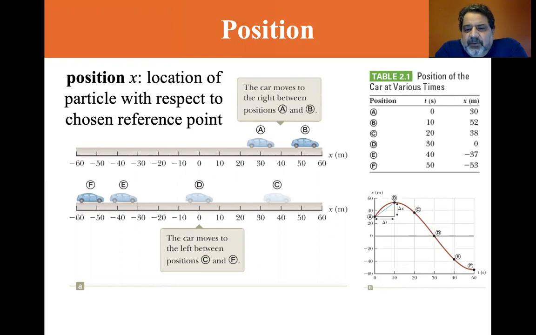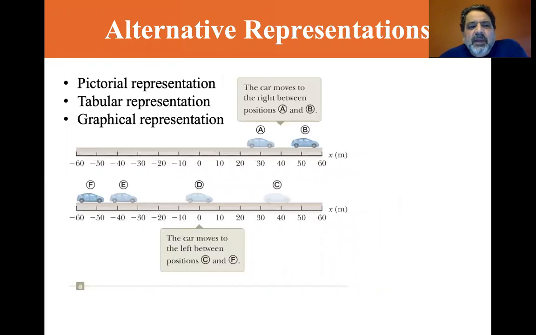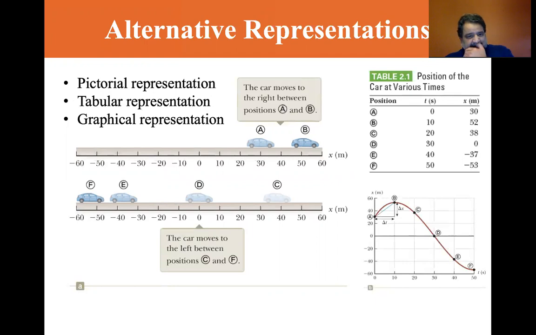That's a position, x on the vertical axis, and time on the horizontal axis. So it starts at 30, goes to 52, and you can just follow the graph: 38, 0, minus 37, and minus 53. So it's represented 3 different ways: a pictorial representation, a tabular representation, and a graphical representation.